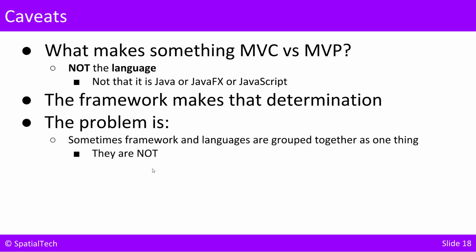Right? And if you're a popular language, there'll be lots of frameworks, right? And so the idea that framework and languages are grouped together is one thing. The reality is, well, they're not. A language is a language and a framework is something else. It may be that like a lot of things in Node with the Express and Jade templating borrows a lot from Ruby on Rails, so that style of framework.